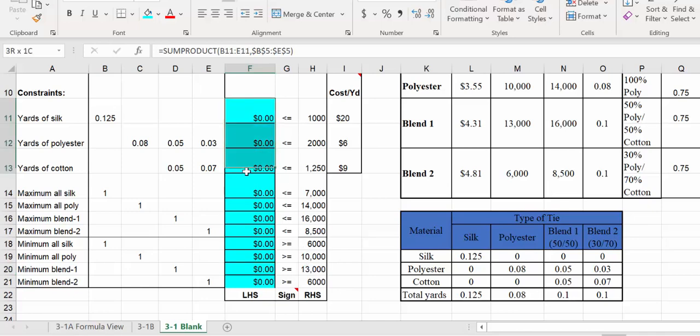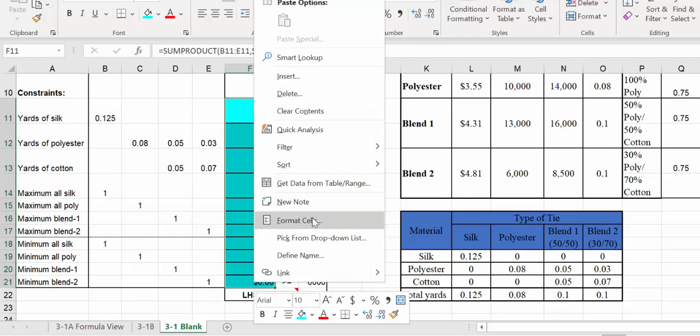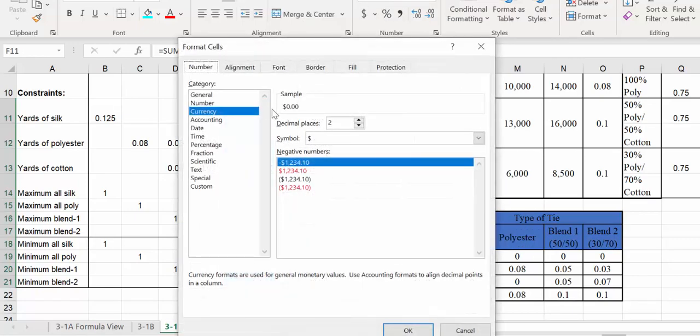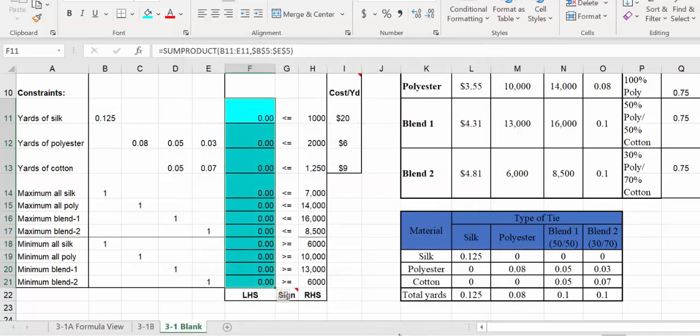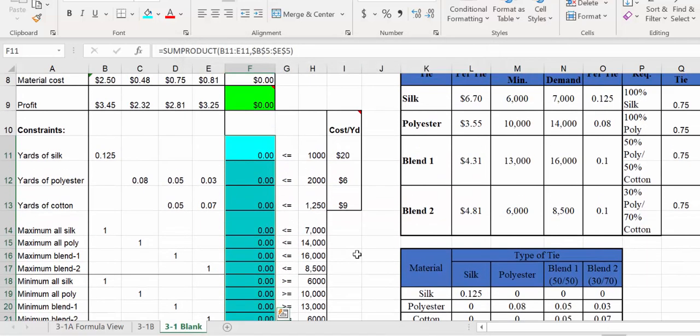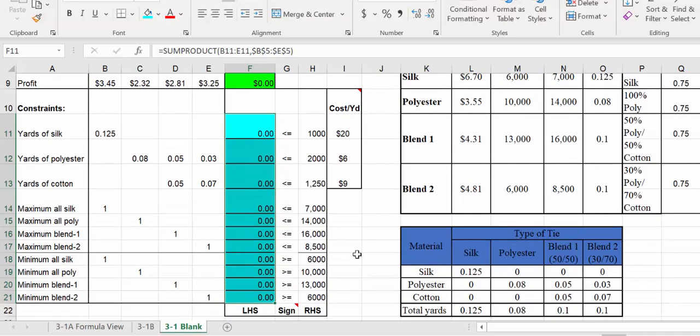Okay, so these are all dollar signs, so I need to format that because these won't be actual dollar signs. Let me go into format cells, and then number. So it's not currency. We want to have it just as a number because these are amounts of things such as number of ties. We don't need that as a dollar sign.